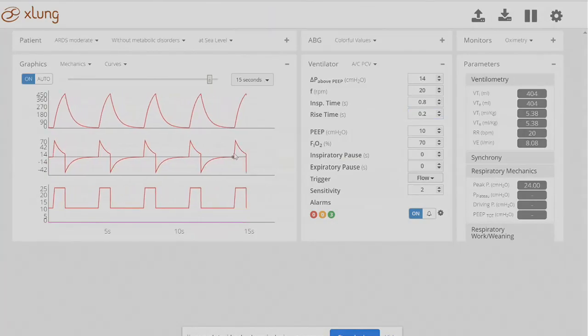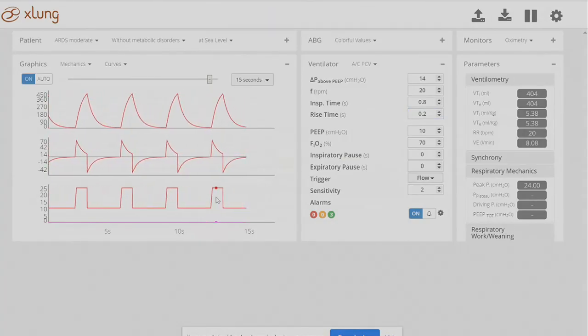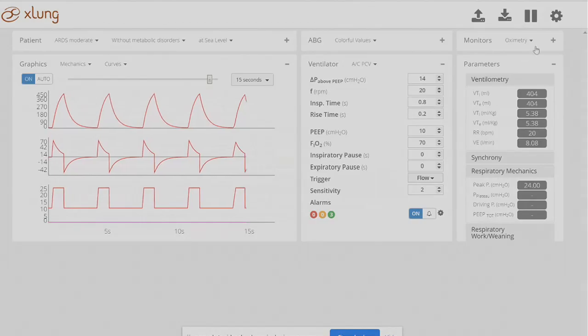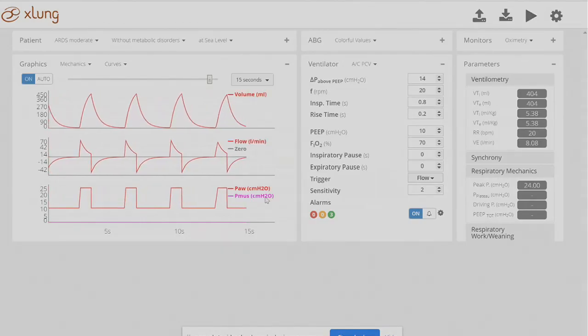So you can see how rapidly this increases to the pressure here. And when I pause the screen here, you can see that this slope is now much slower. So you're just saying, take 0.2 seconds to get to this pressure. And the shorter it is, the faster it gets to that pressure. Okay, so let's change this back to 0.1. Most ventilators will default to 0.1 or 0.2.